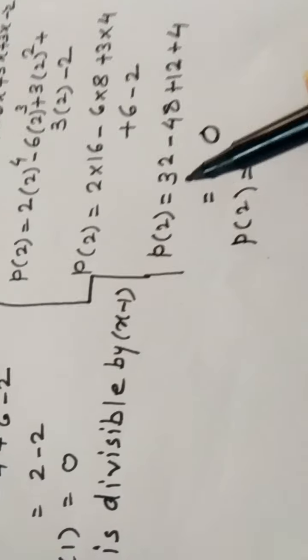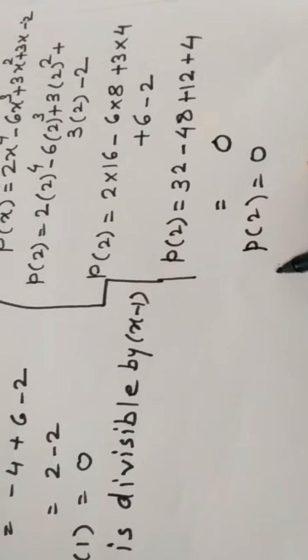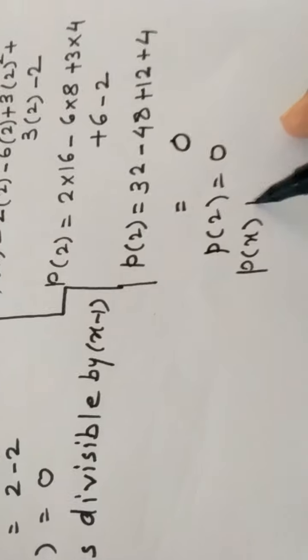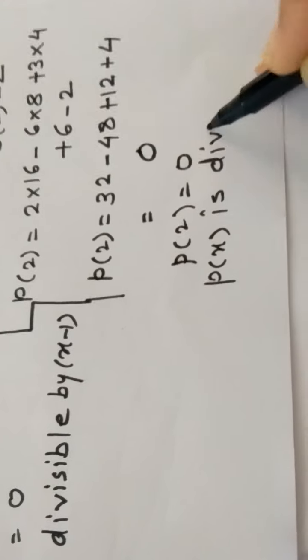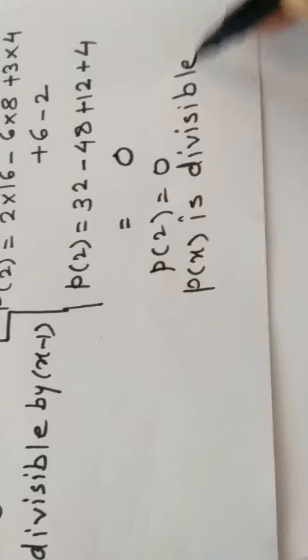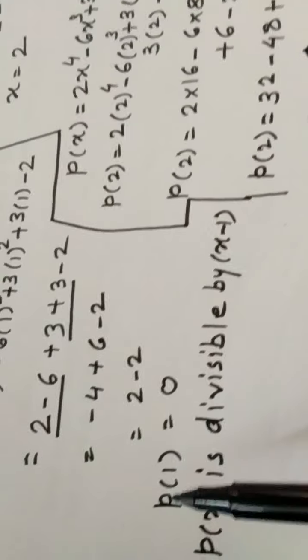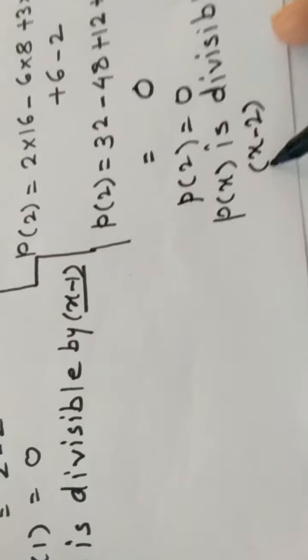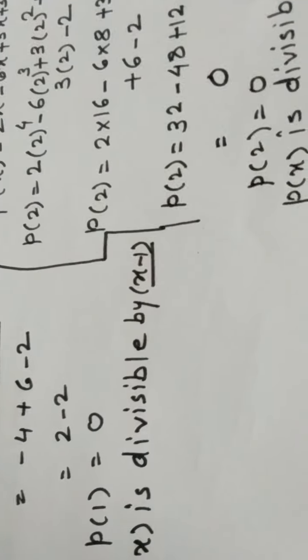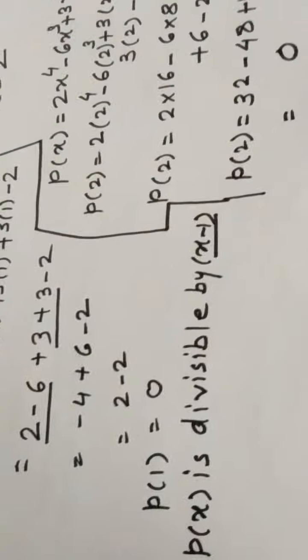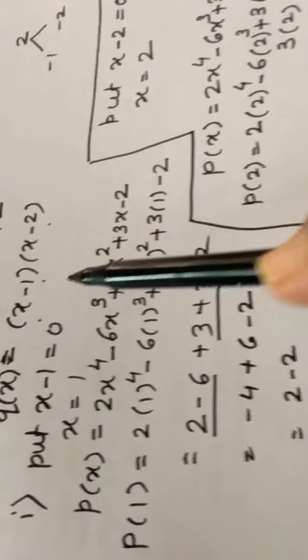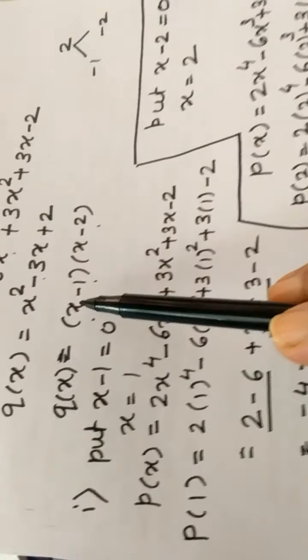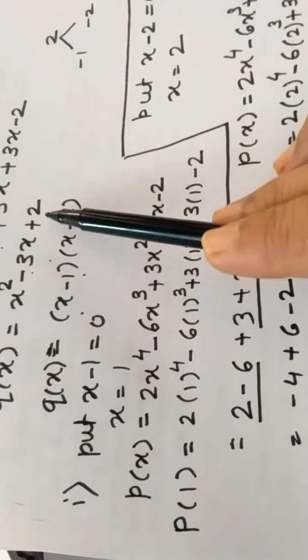Therefore we can easily say that the polynomial p(x) is divisible by x minus 2. As the polynomial p(x) is divisible by both x minus 1 as well as x minus 2, we can say that without doing division, the polynomial p(x) is divisible by the polynomial q(x), x square minus 3x plus 2.